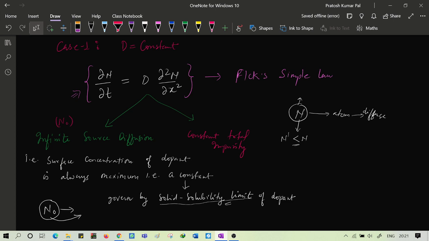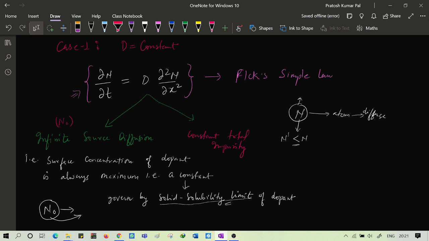If a diffusion has taken place the first time, then the available diffusant, or concentration of the dopant, will be a smaller value than the first dopant. So the total concentration will be constant, but after some time, if another diffusion takes place, then the initial concentration will be reduced.